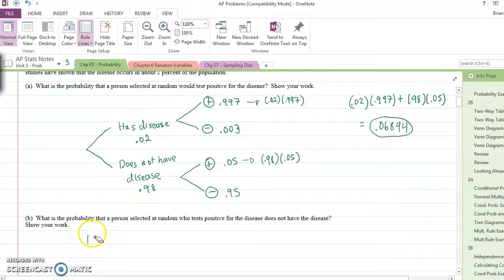So if I define, let's say this was going to be conditional probability, right? So probability that they do not have the disease given that they test positive.